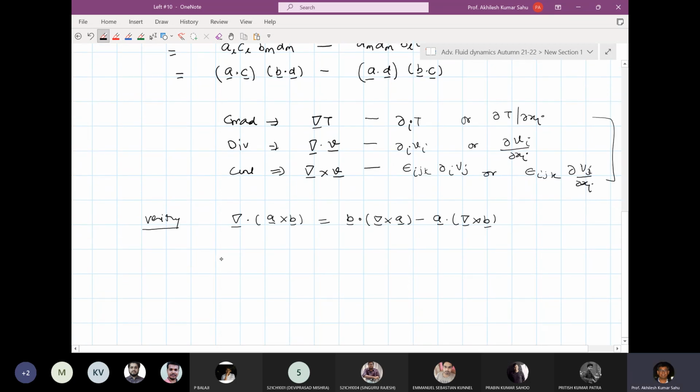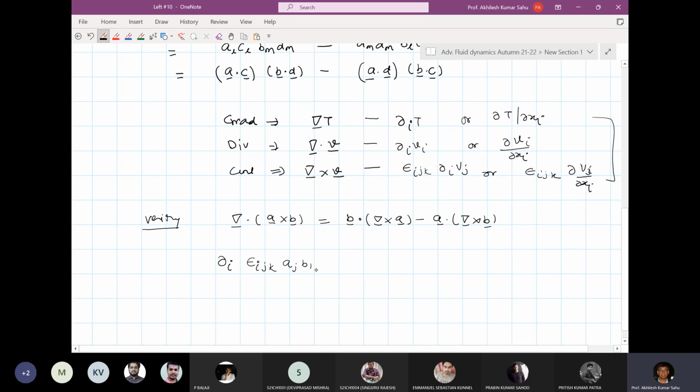So this I will write as partial i, and this is getting dotted with A cross B. So A cross B is epsilon ijk aj bk. The first index is the index for the resultant vector, and since it is getting dotted with del, the index will be the same as the index for partial.